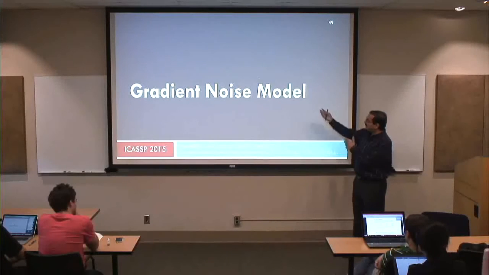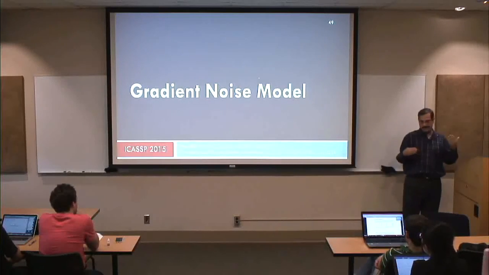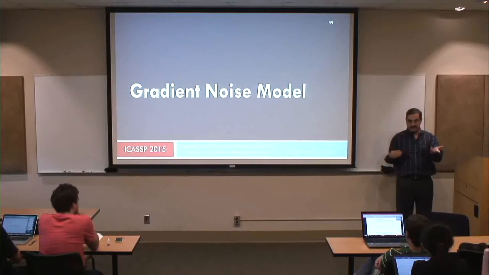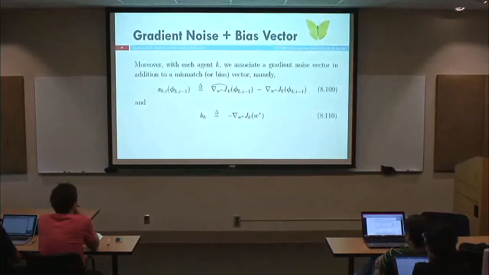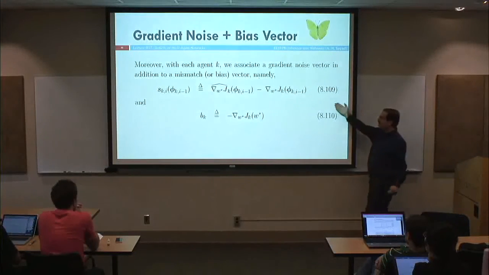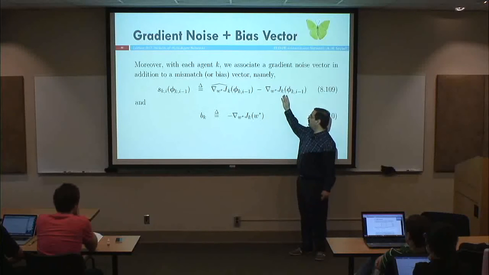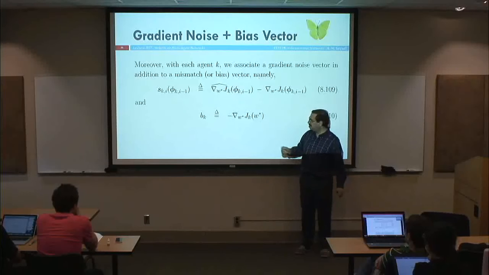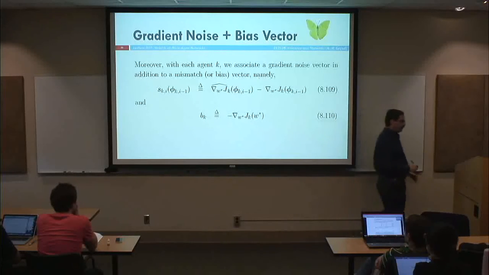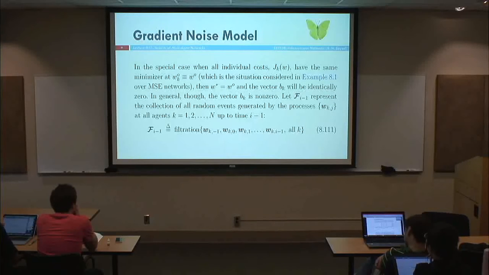Okay. To get there, I first need to remind you of the gradient noise model. We talked about this when we discussed single agent adaptation, centralized solutions. So this is a reminder here. Remember, this is the definition of gradient noise at agent k. Difference between what you would like to use and what you end up using because you don't have the true gradient. Right? And this is simply a reminder of what the bias is. Okay.